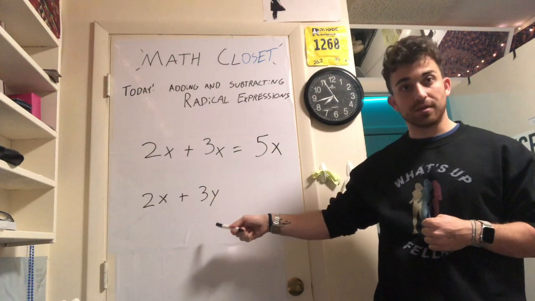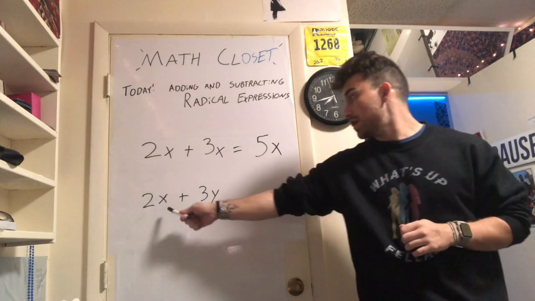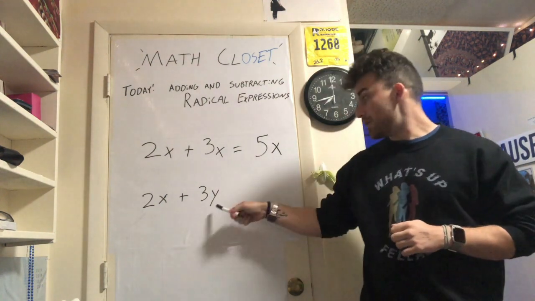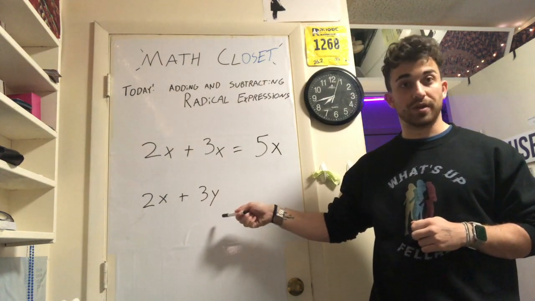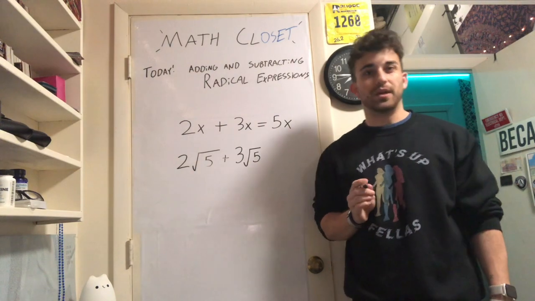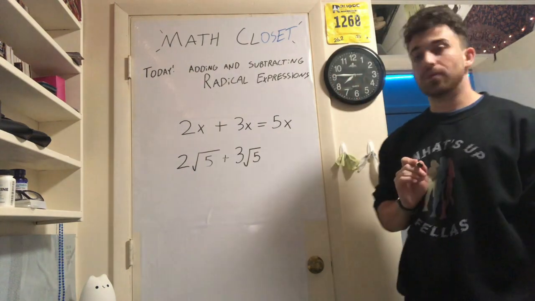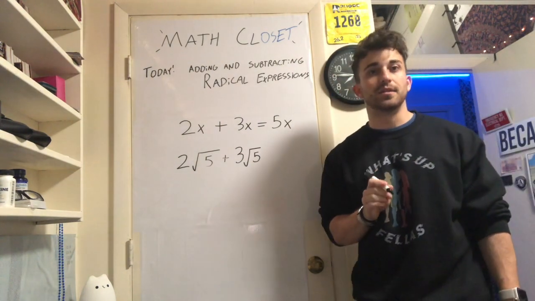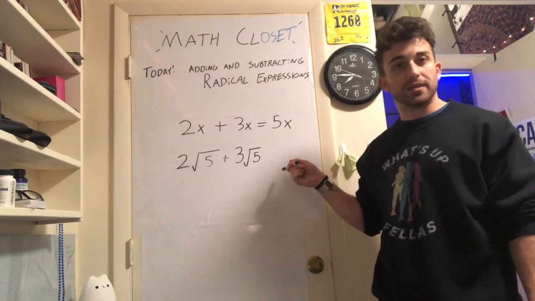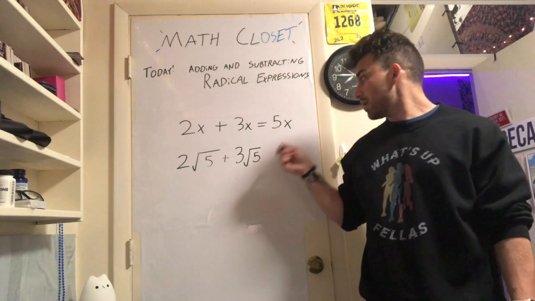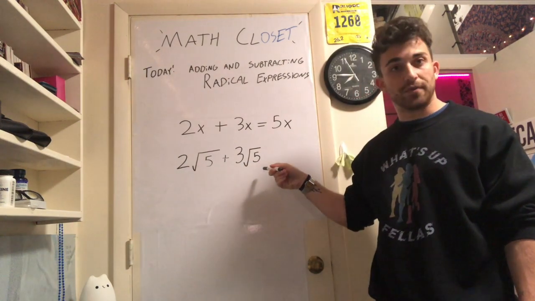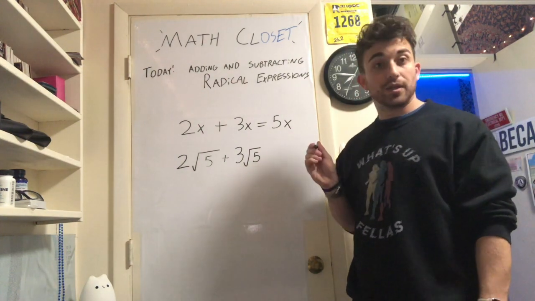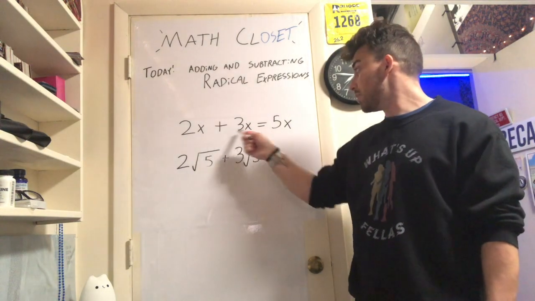You cannot combine any of those terms because this term has an x, this term has a y, and so this is as simplified as you can get. So the reason I bring that up is because adding and subtracting radical expressions works in a very similar way. Here is a pretty basic example. Here we have 2 radical 5 plus 3 radical 5. And just like when we were combining like terms, we looked for the same variable.